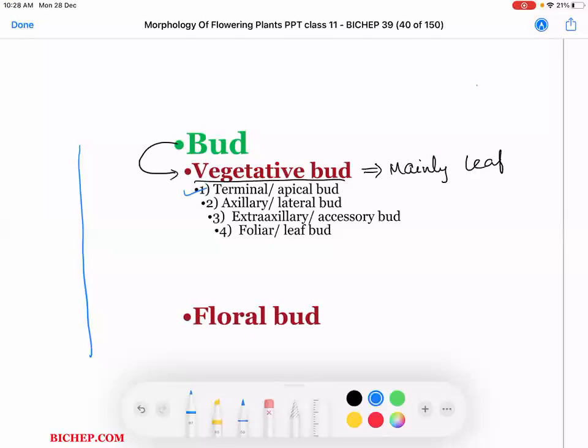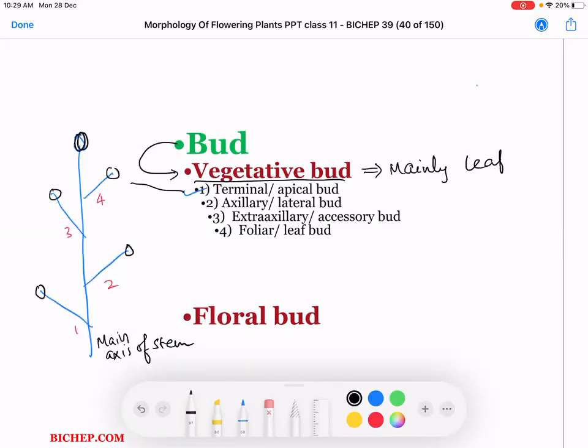So if this is a plant, on the top of each branch, for example branch number 1, 2, 3, 4, and above all they have one main axis of stem, then each of the branches 1, 2, 3, and 4 have a terminal apical bud.